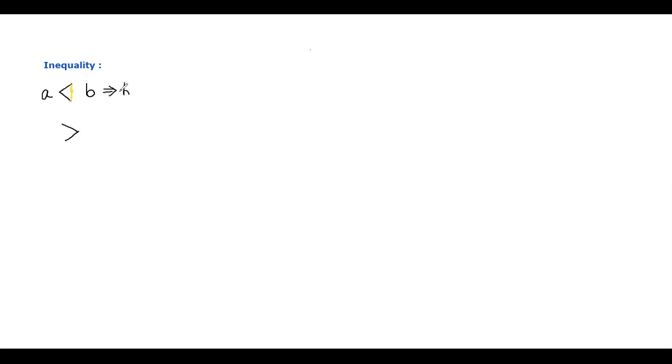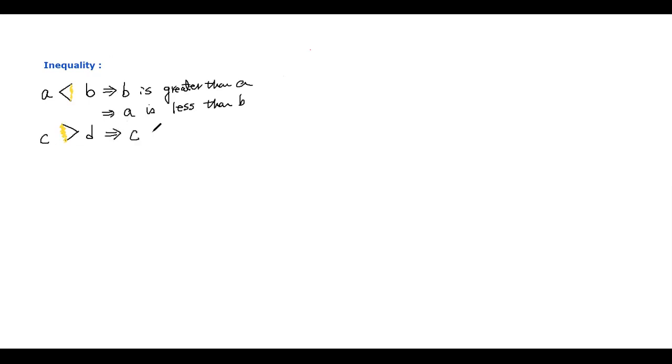You can say B is greater than A, or you can read it as A is less than B. If you write it this way, it's the same. Which way is the mouth opening? For C and D, it opens to C, so C is bigger.